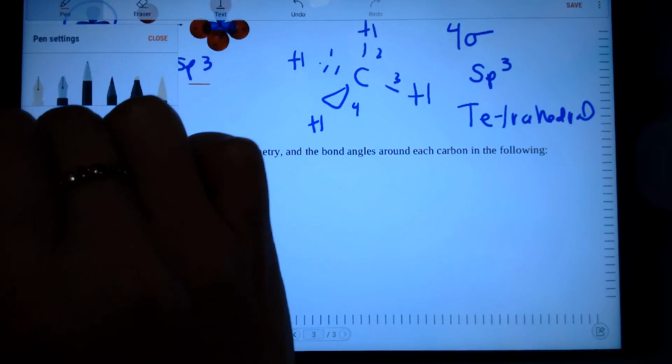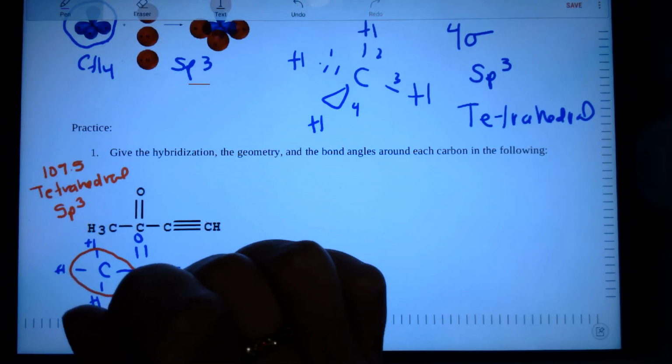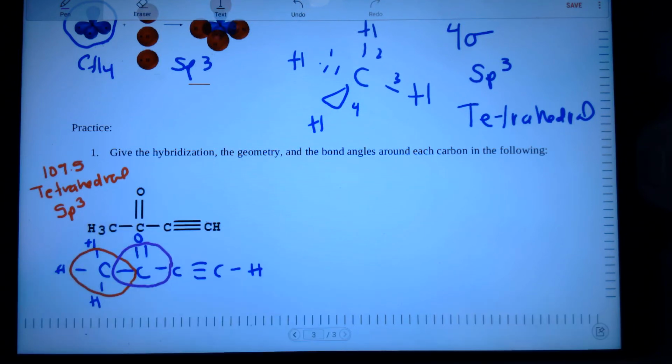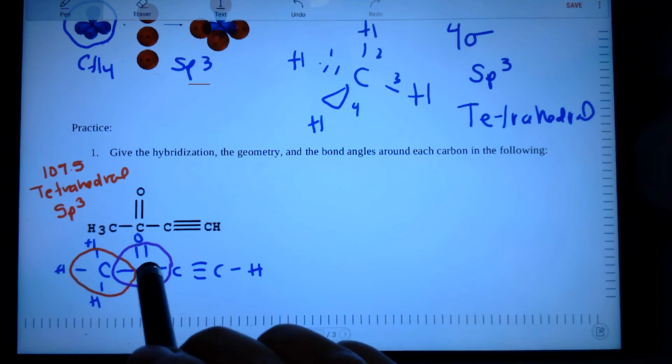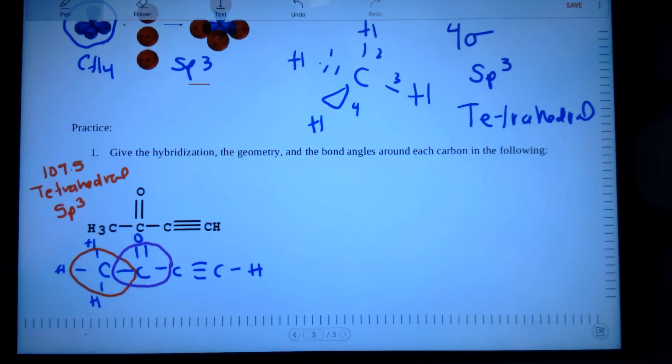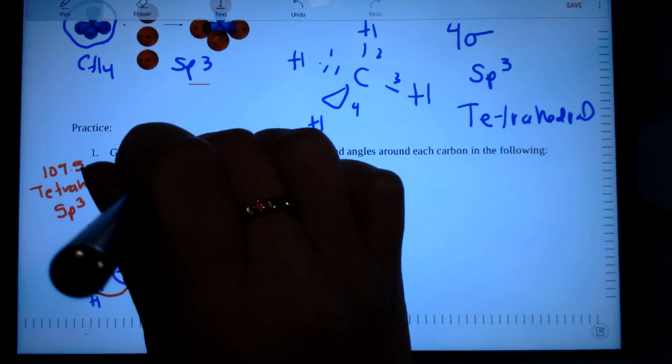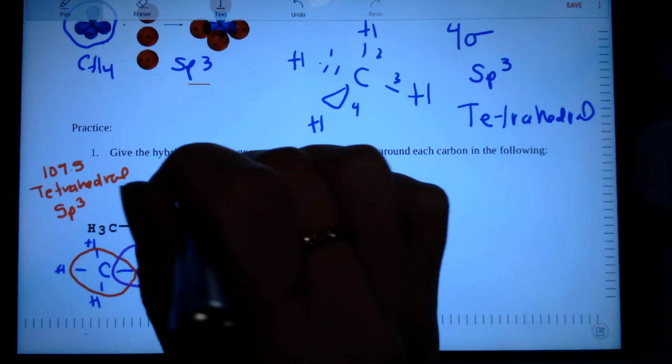Okay. So next, our next carbon is this one right here. We have 1, 2, 3 electron groups there. So we know that this purple one I've circled here has 120-degree bond angles.